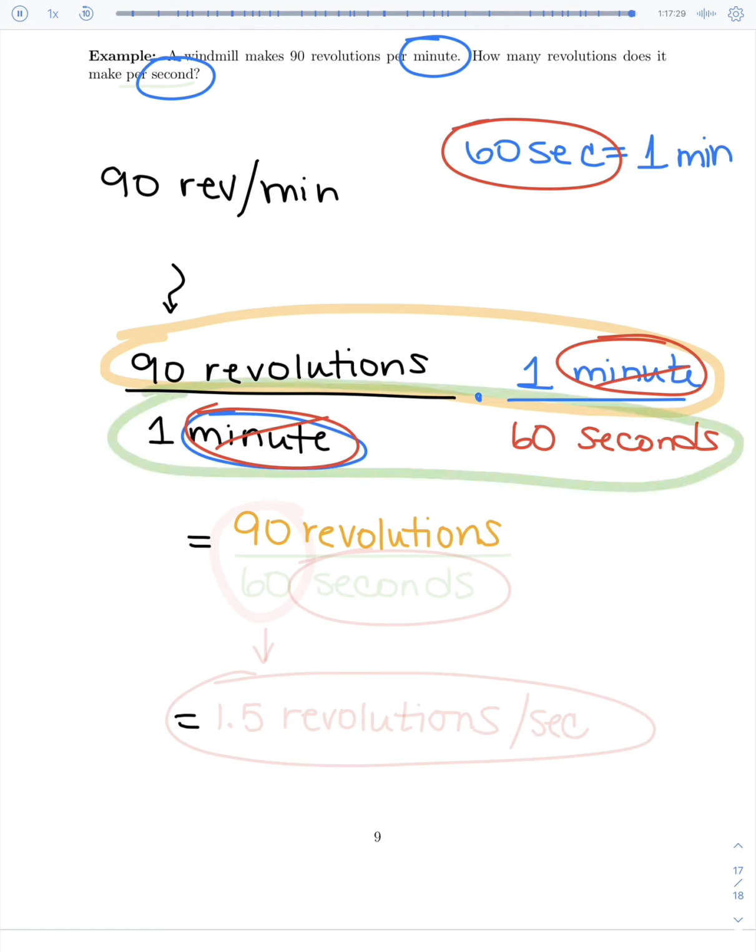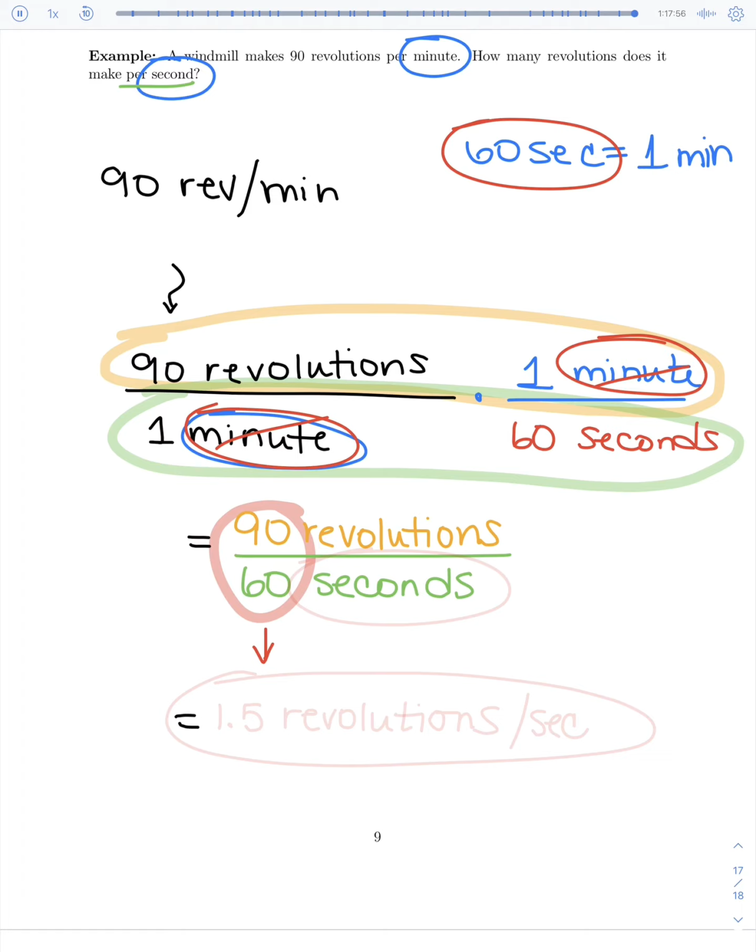Well, 1 times 60 would be 60, so over 60, and that's in seconds. But they want them in revolutions per just 1 second, which means we just need to go one step further and actually do this division. So the question becomes, what is 90 divided by 60?